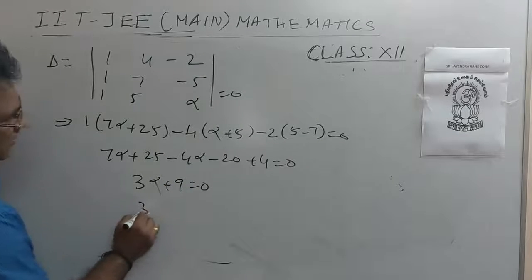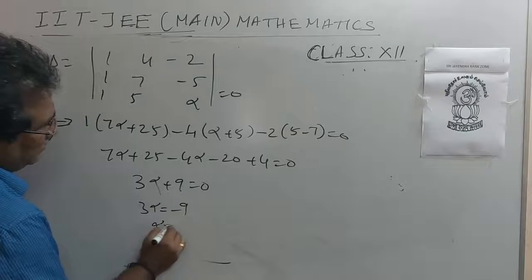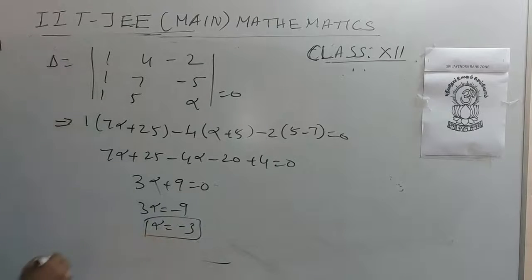So 3 alpha equal to minus 9, alpha equal to minus 3.